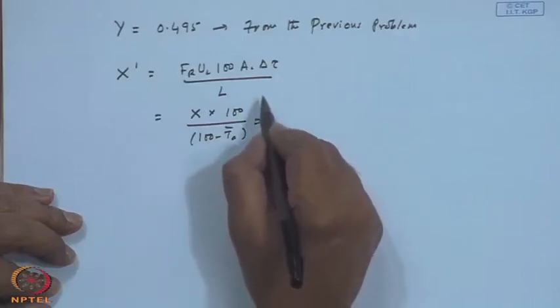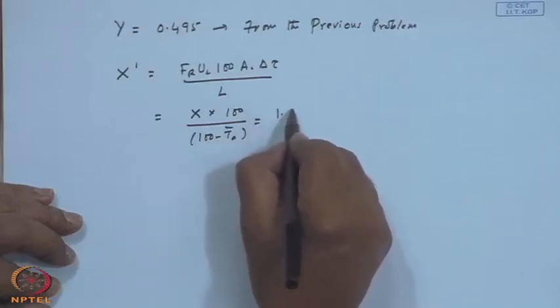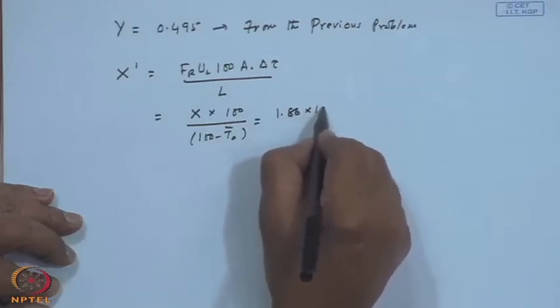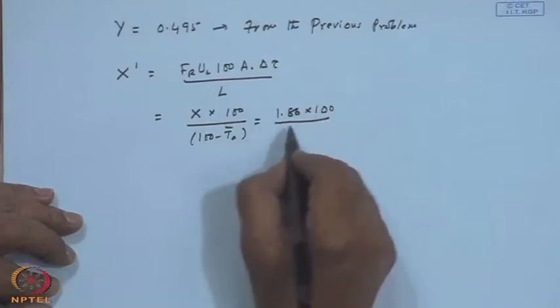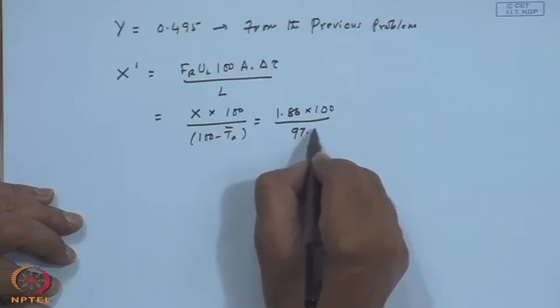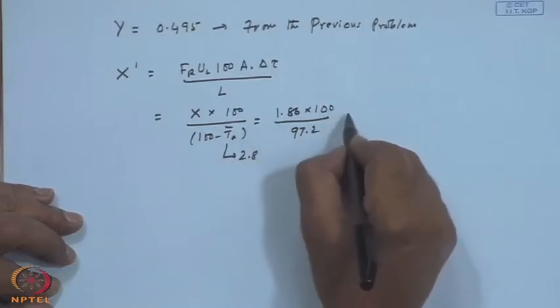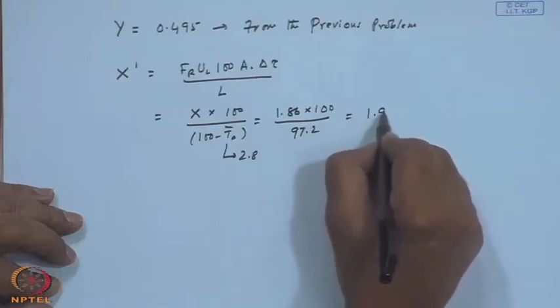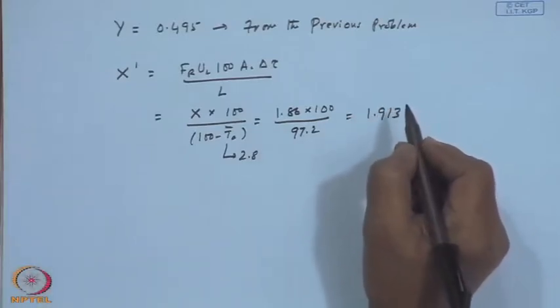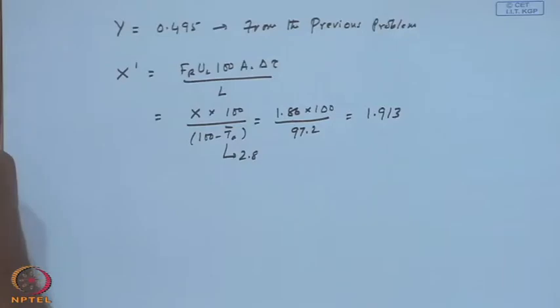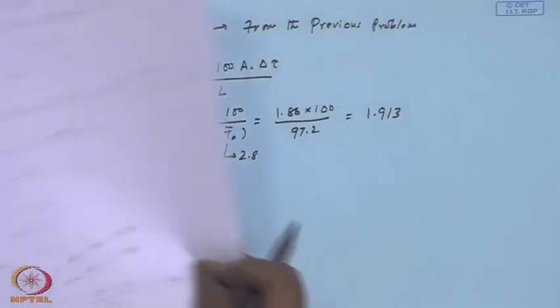So, simpler way, since we already made calculation, 1.86 into 100 by 97.2, this is 2.8. So, this will be 1.913. So, now we got Y, we got X dashed. So, we are all set to calculate the solar load fraction.